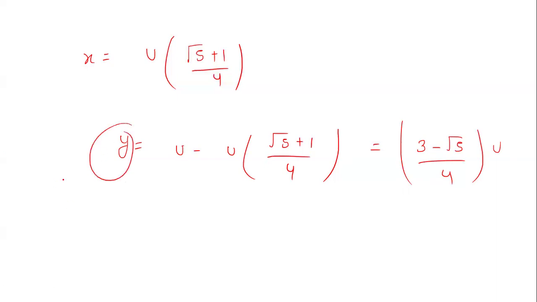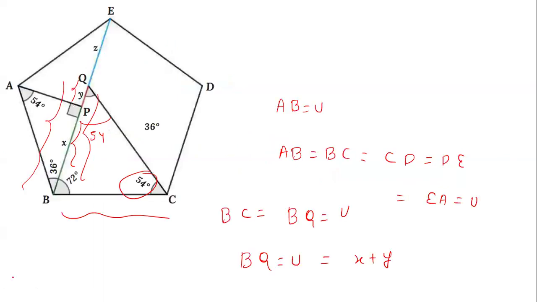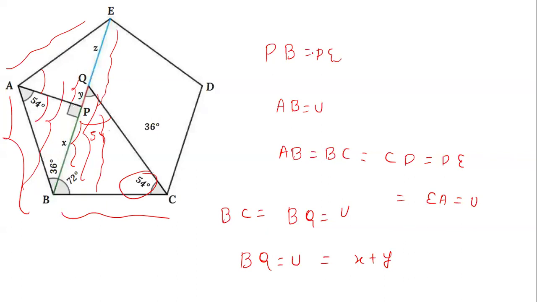Now let's find the value of Z. We know AB is equal to AE and this angle is equal to this angle, so we can say the length PB is equal to PE.